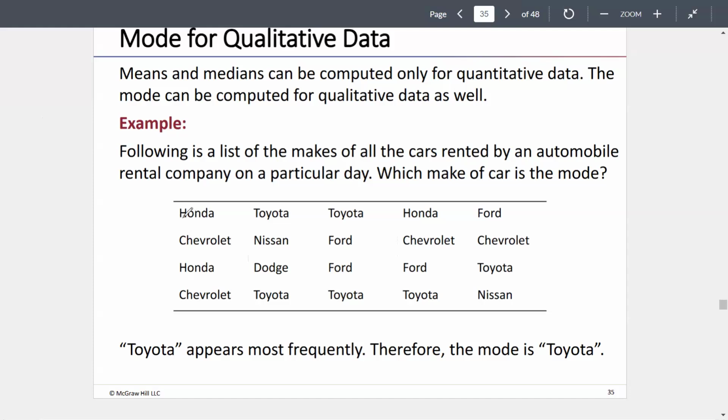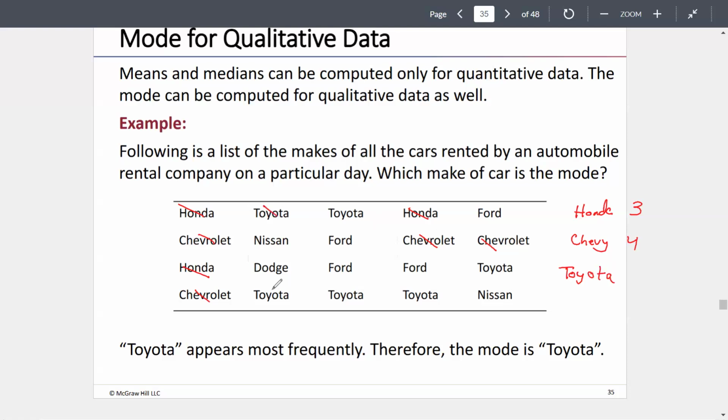If you go through here, we see we got Hondas. We have 1, 2, 3 Hondas. That's probably not my most frequent. We got Chevys, 1, 2, 3, 4 Chevys. We have Toyotas, those are good cars.